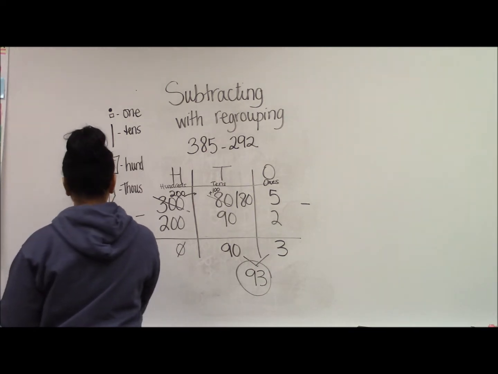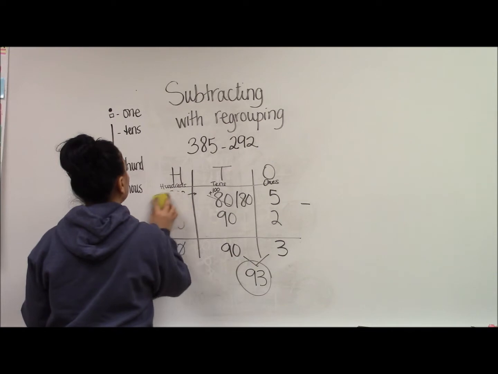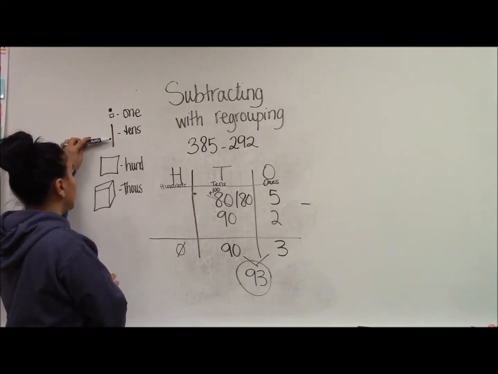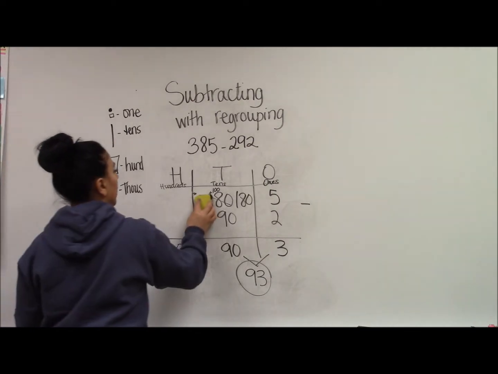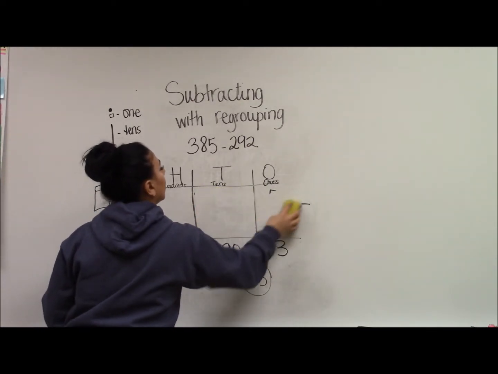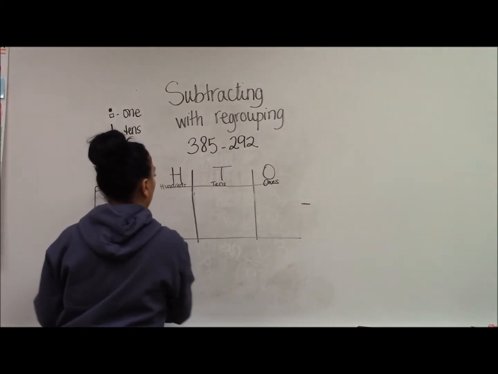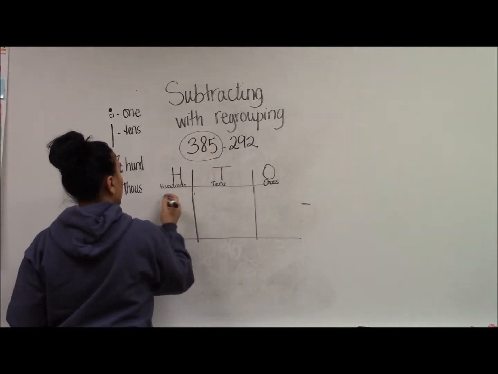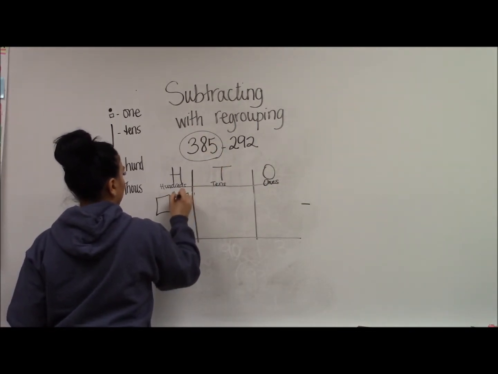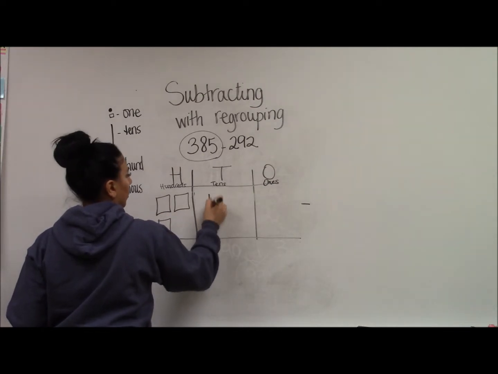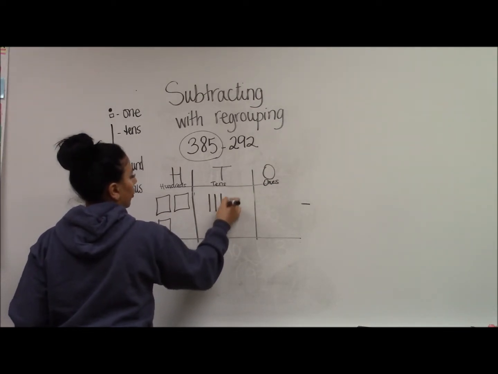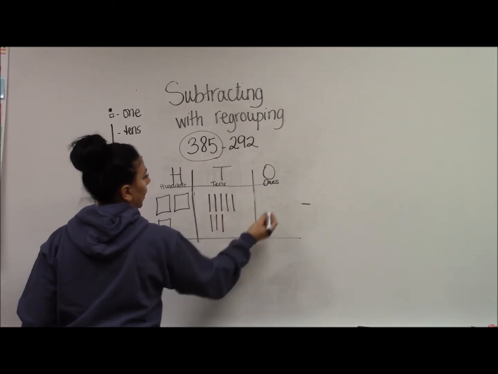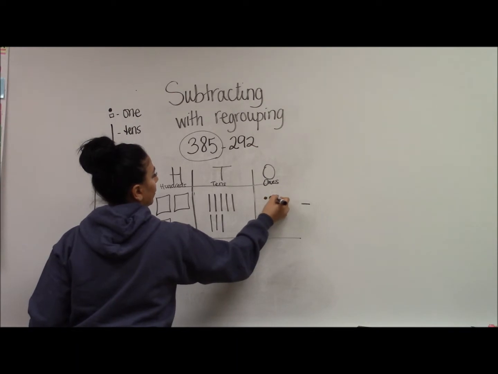Now that we've done that, I'm going to show you how we could do this using base 10 blocks. And I still have them right here, the ones, tens, hundreds, and thousands. And so when we are subtracting using the base 10 blocks, we are going to only draw 300, 10, 20, 30, 40, 50, 60, 70, 80, 5.